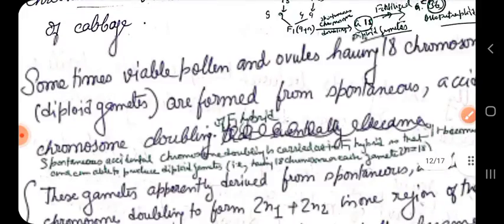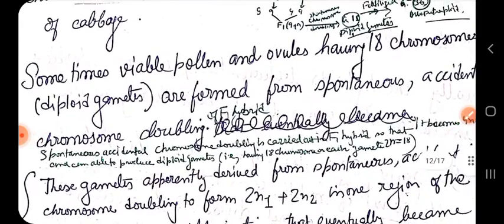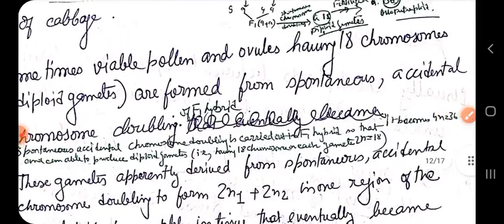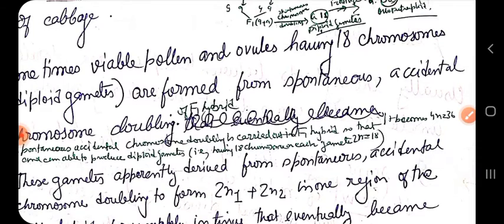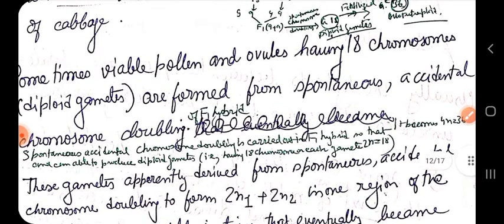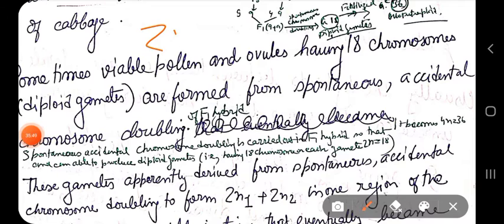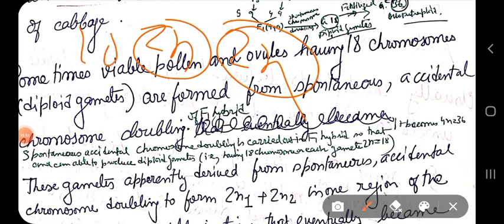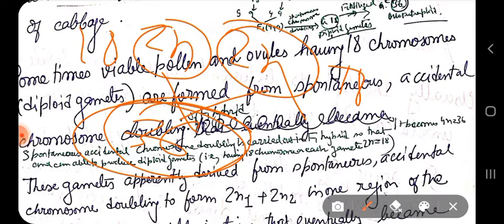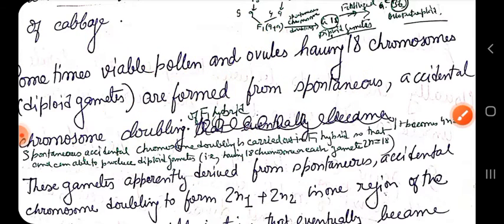Spontaneous accidental chromosome doubling occurs in the F1 hybrid so that it now becomes 36, because if the gametes become 2n, that means 18 and 18, and 18 into 2 means 36. Now we have 36 chromosomes, and we become allotetraploid.